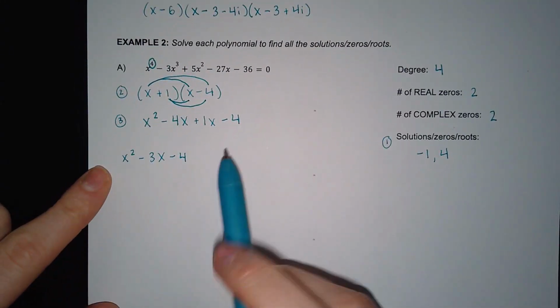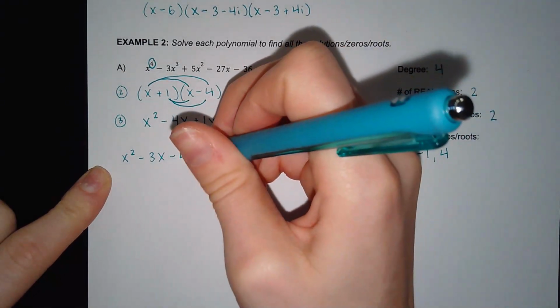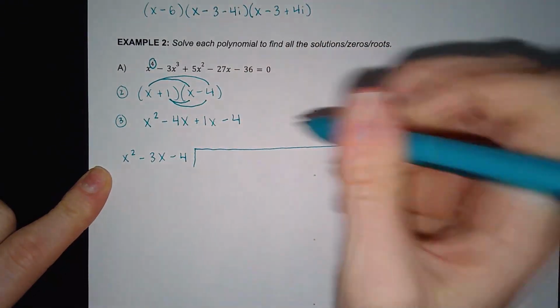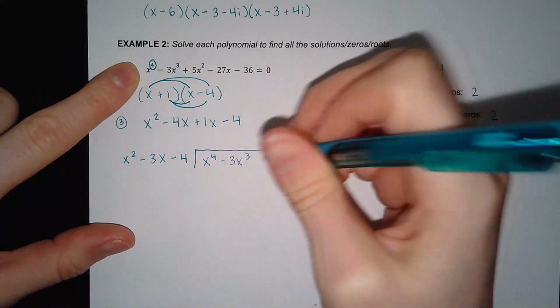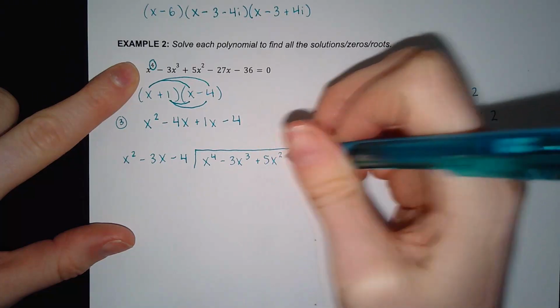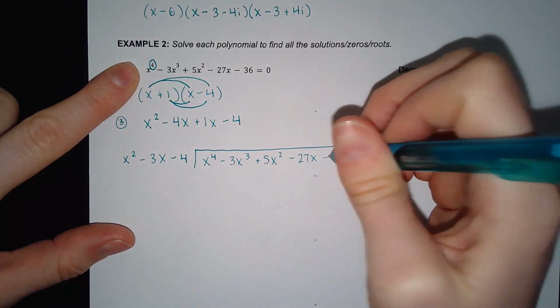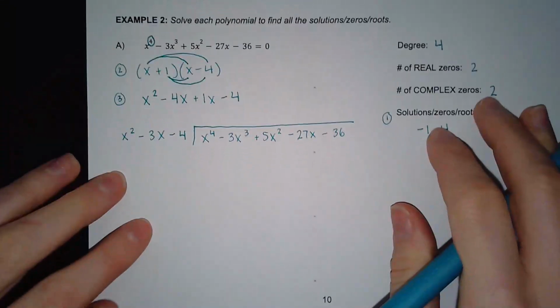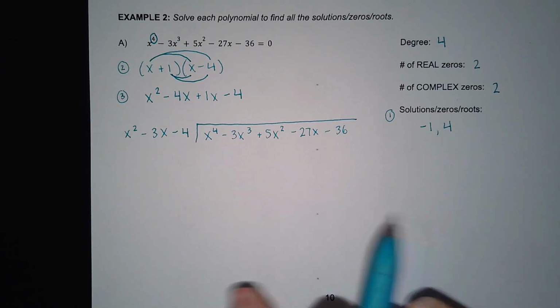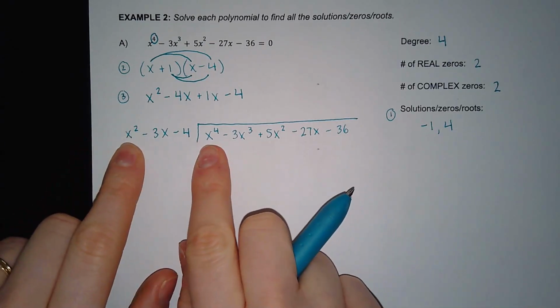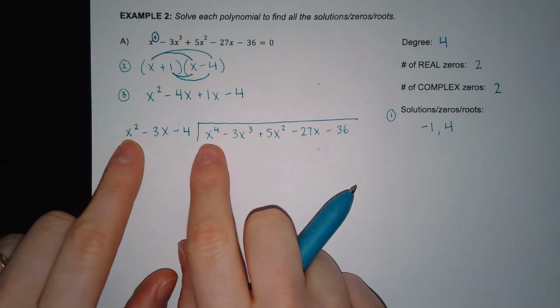This new polynomial that we get, we're going to use in long division. So that's going to go outside of my division symbol, and then my other polynomial will go underneath my division symbol. For long division, we're going to start by finding a factor. We'll multiply that factor, and then we'll subtract. So I'll go ahead and start with my x to the 4th.